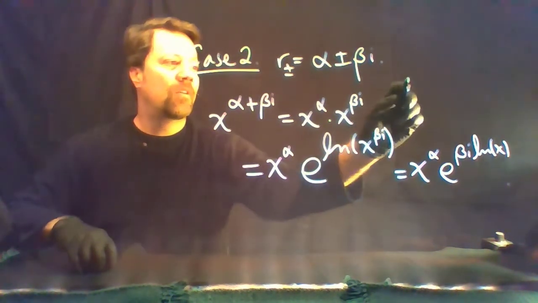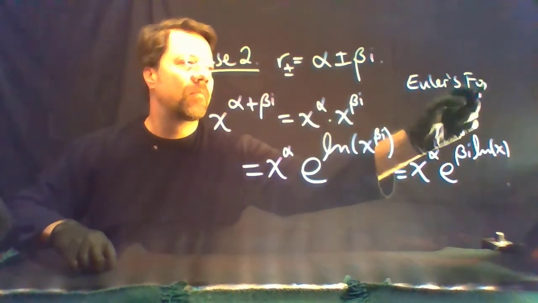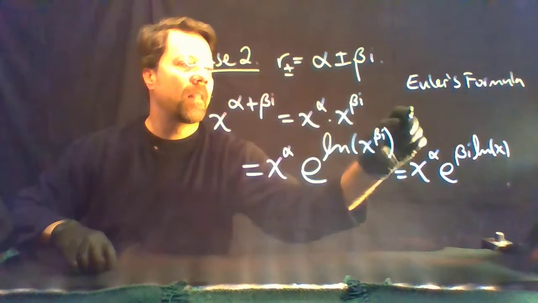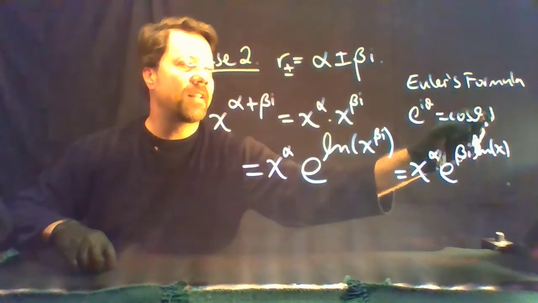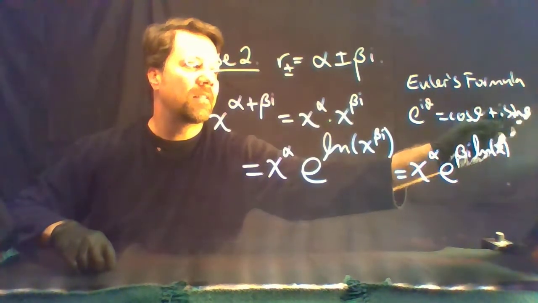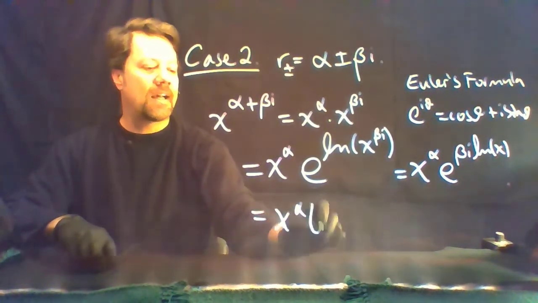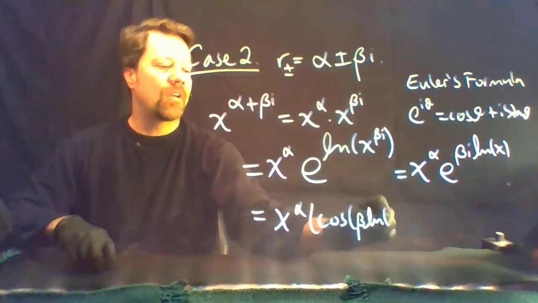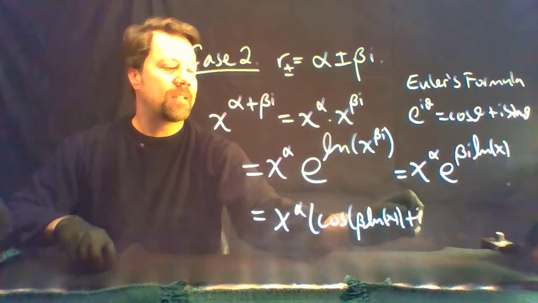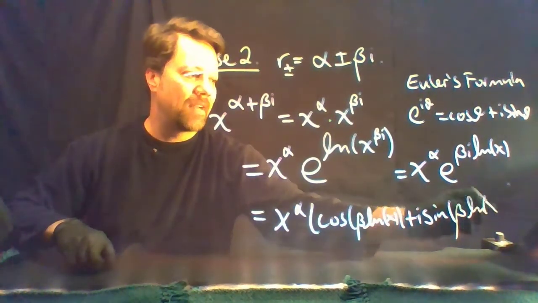It's at this point we use Euler's formula. You'll recall Euler's formula: e to the power i theta is cosine theta plus i sine theta. This gives us x to the power alpha times cosine of beta times the natural log of x plus i times the sine of beta times the natural log of x.